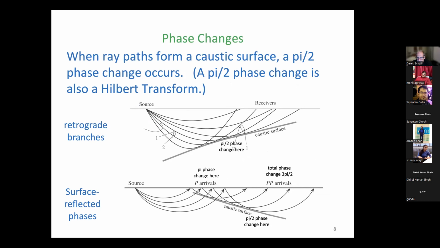So that causes a pi/2 phase change. A surface reflected phase will also get a pi phase change. And then if I have a P arrival, I also have a caustic surface, so I have a pi/2 phase change. So the total phase change due to a PP arrival is 3pi/2.